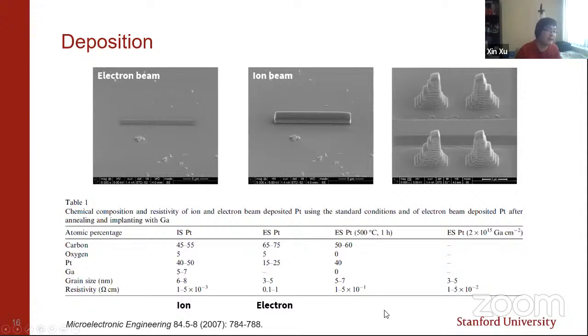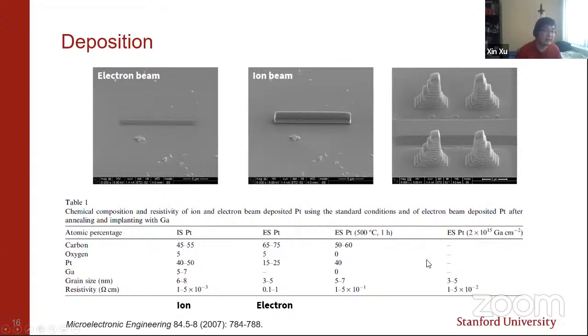But people found that there are two options which can improve the electron beam deposition, because electron beam deposition can cause less surface damage. If we can also increase the conductivity of the deposit, that would definitely be a good thing for local measurement. So people tried post-annealing after deposition, for example, 500 C for 1 hour, and the resistivity is reduced by 1 order of magnitude.